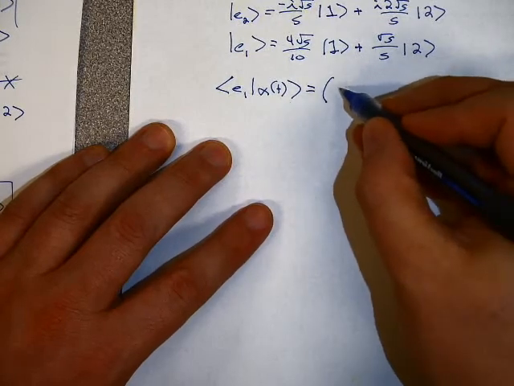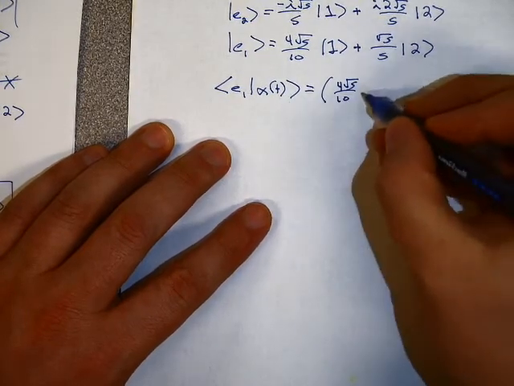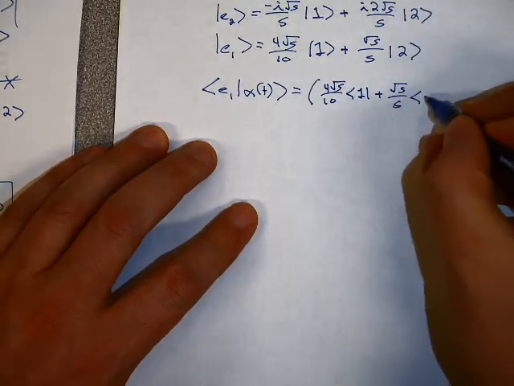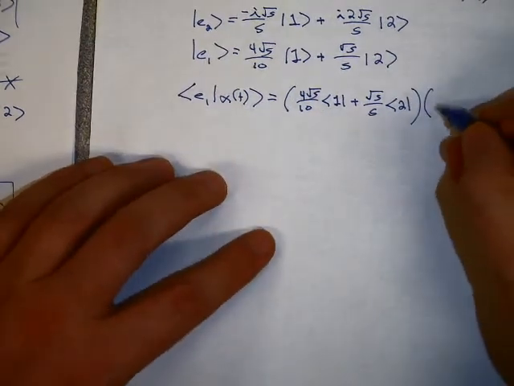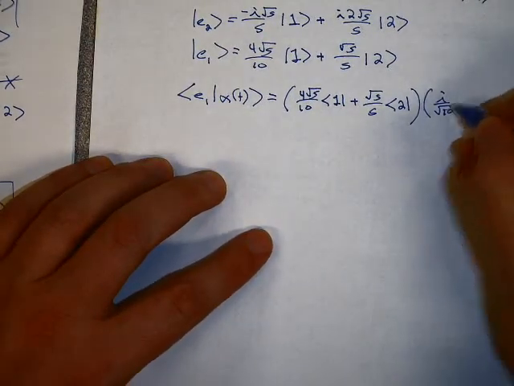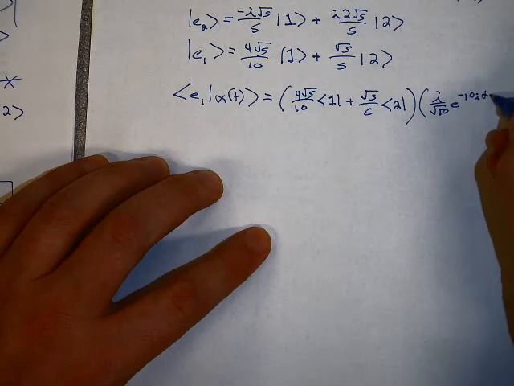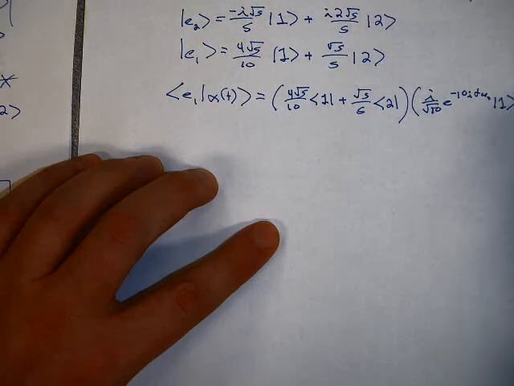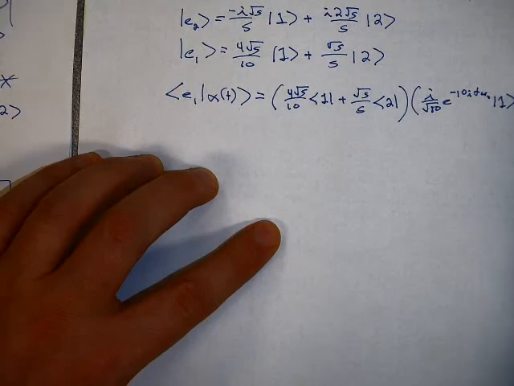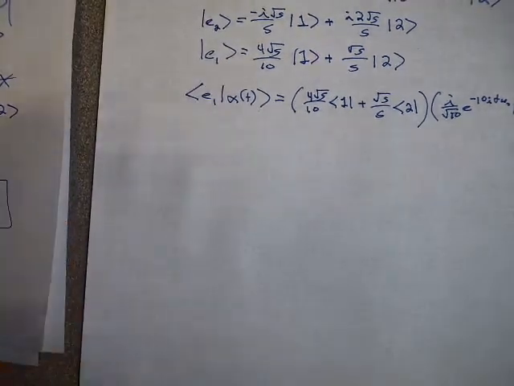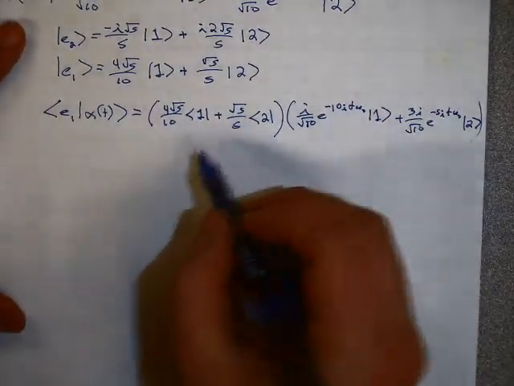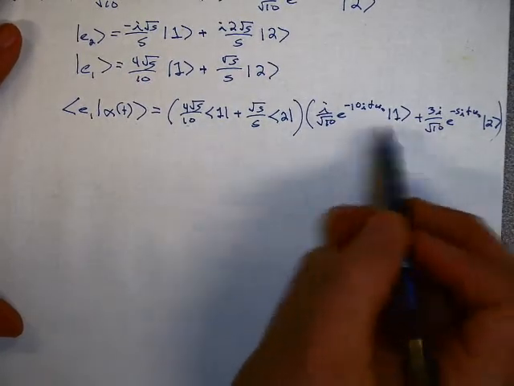This is 4 root 5 over 10 bra 1 plus root 5 over 5 bra 2, on i over root 10 e to the minus 10i t omega naught 1 plus 3i over root 10 e to the minus 5i t omega naught 2. So the inner product here really isn't that bad. Only the ones hit each other.